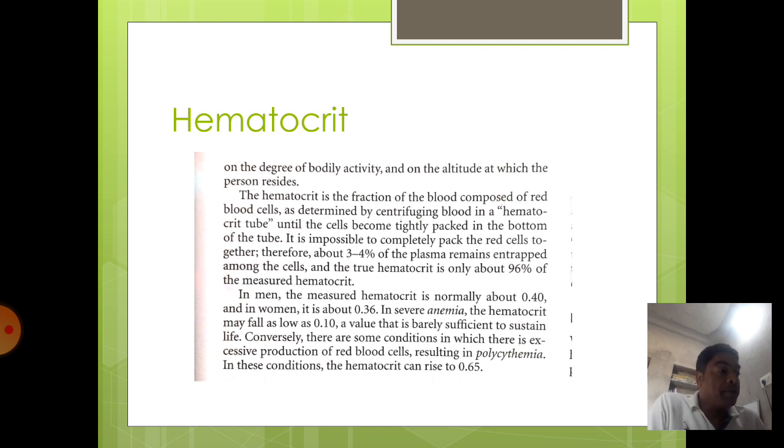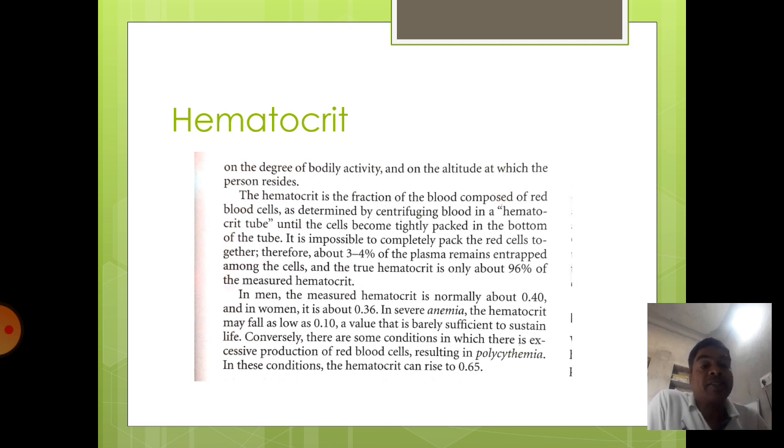In men, the measured hematocrit is normally about 0.40, and in women it is about 0.36. In severe anemia, the hematocrit may fall as low as 0.10, a value that is barely sufficient to sustain life.